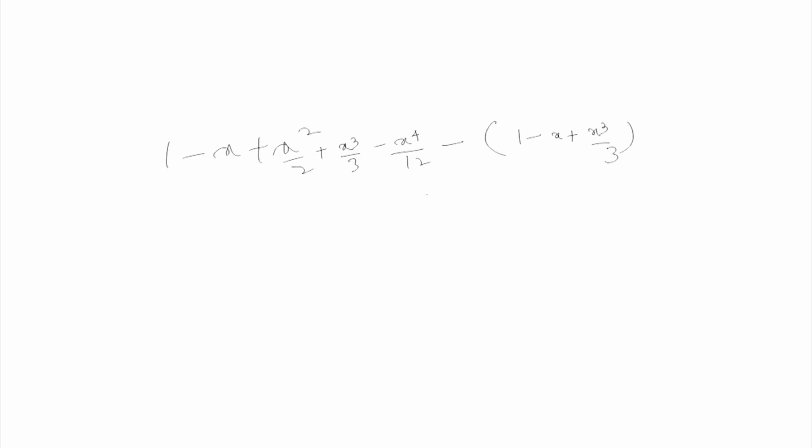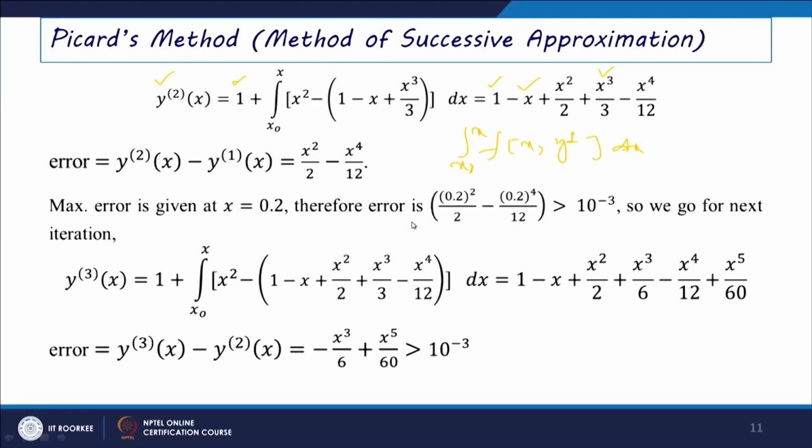So this is nothing but x square by 2 minus x to the power 4 by 12, which is represented here. So the maximum error at x equals 0.2 we can obtain by putting this value of x as 0.2, and then we find this value is greater than 10 to the power minus 3.